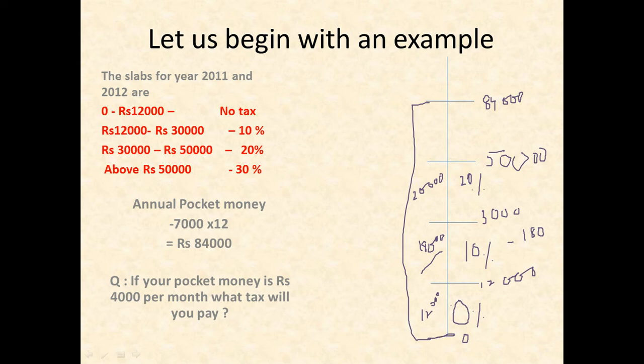As you can see, this is 12,000, then 12,000 to 30,000, and on this slab you pay 10%, on this slab 20%. Now 50,000 to 84,000, you are left with 34,000.